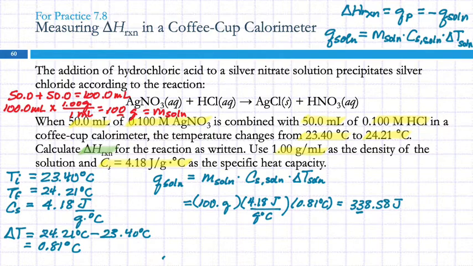Okay, so that is Q for the solution. So Q for the reaction is negative Q solution, which would be negative 338.58 joules.